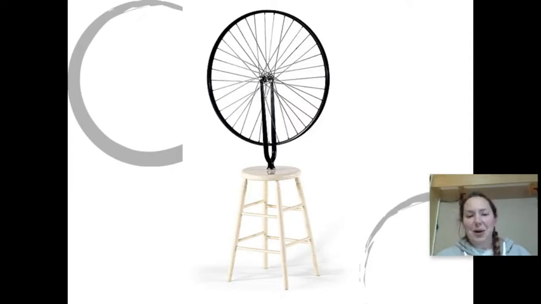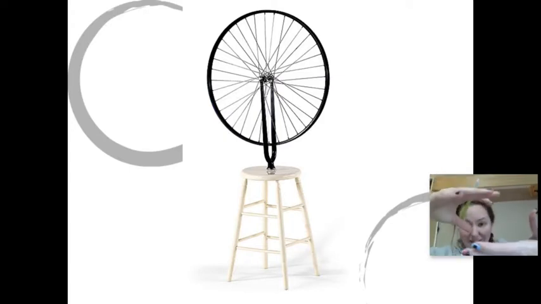In his apartment, he had taken a ready-made stool with a bicycle wheel and combined them together. And he started to think about this process where he took two things that already existed and put them together and made a new thing. And he's like, really, that's what artists do. When you boil it all down, artists just make choices. They take things that already exist in the world and they make something new.